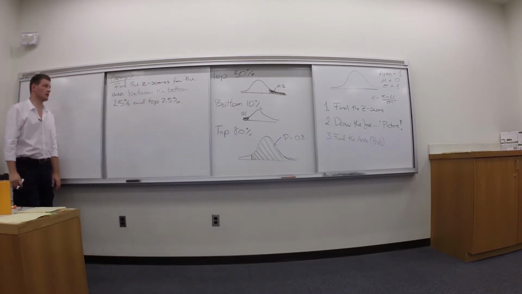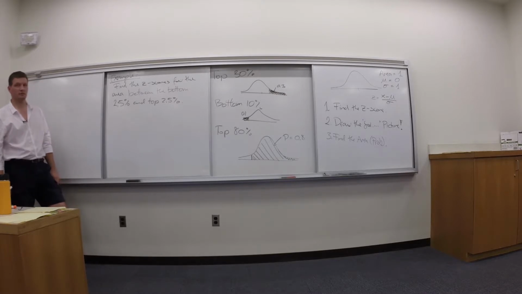Find the z-scores for the area between the bottom 2.5% and top 2.5%.